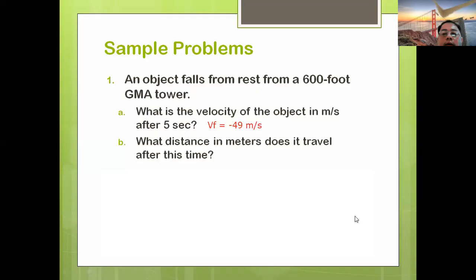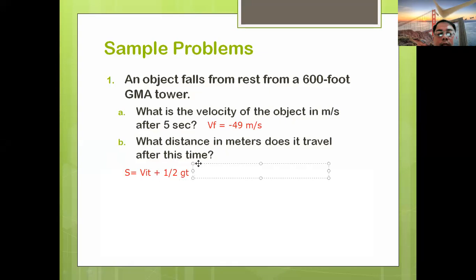Okay, so going to the next number. How much is S? Since we are provided with a V sub I value initially, our distance S is equal to V sub I T plus 1/2 GT squared.